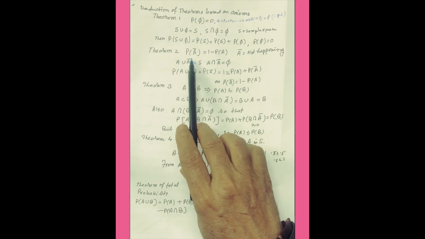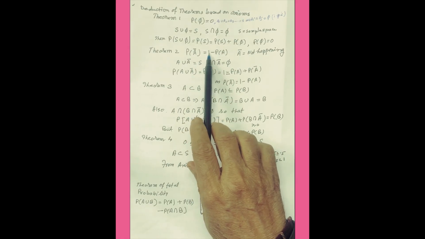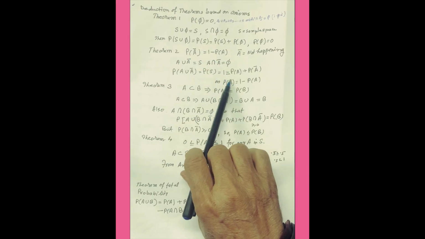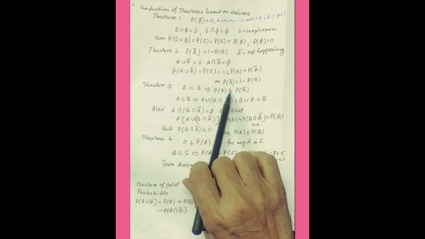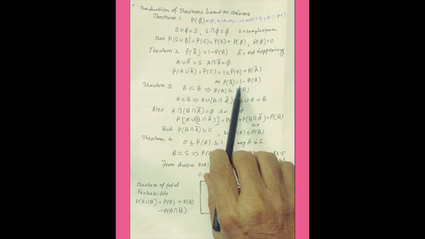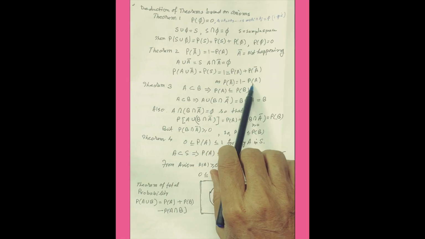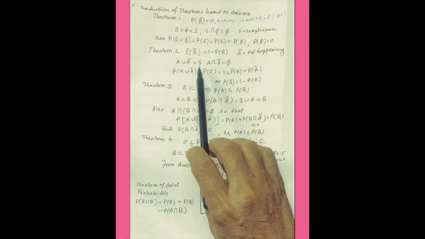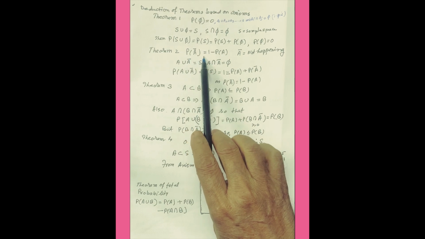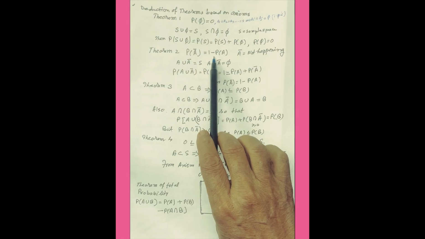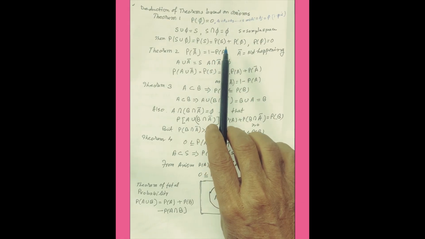If we transfer to the left side, 1 is equal to probability of not happening plus probability of happening. So the probability of not happening is equal to 1 minus the probability of happening. It is proved that the probability of not happening is equal to the total probability minus the probability of the happening event.